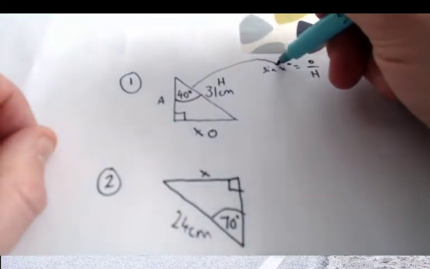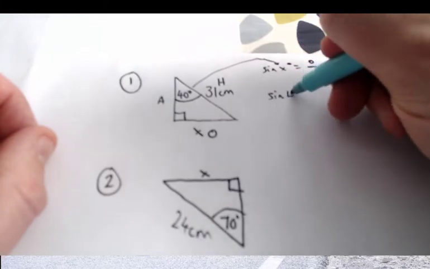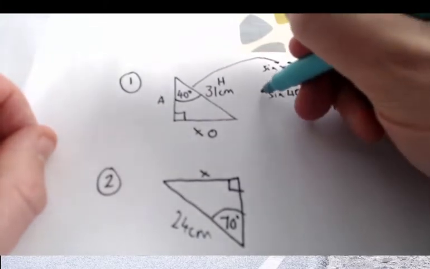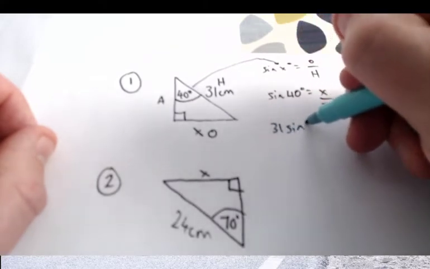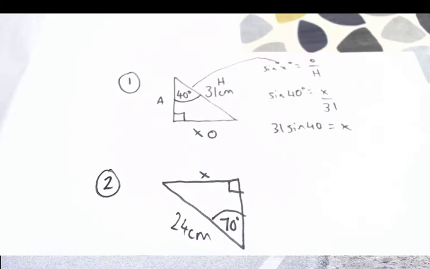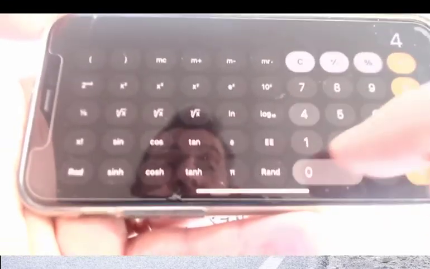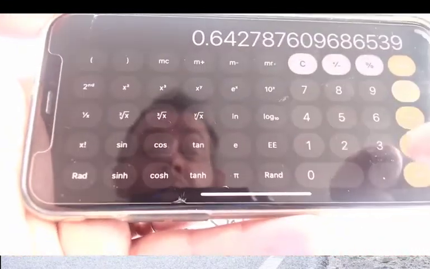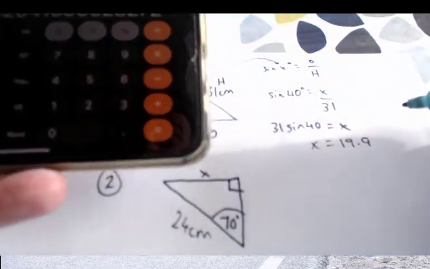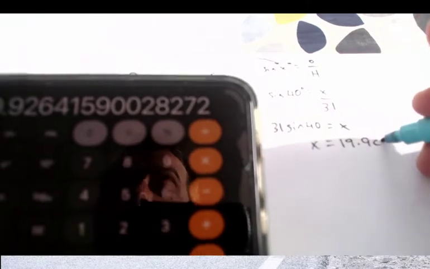Remember that the angle goes there. Sine 40 equals x over 31. Move the 31 up here. 31 sine 40 equals x. On your phone, we need to do that backwards. It's going to be 40 sine times 31. It is much easier if you've got a scientific calculator, but we can do it on the phone, it's okay. 19.9, that would be it.